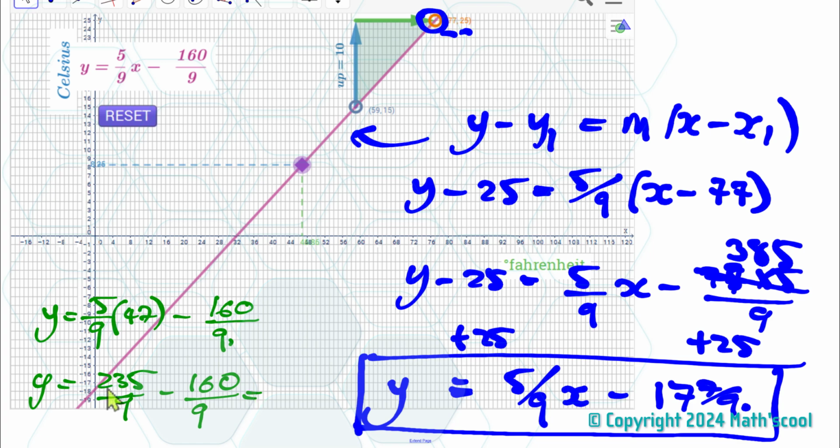So that's going to give me 75 over 9, which I can cancel down to 25 over 3, which is 8 and a third. So that's 8 and 1/3.